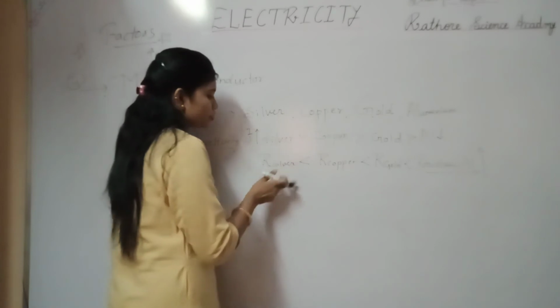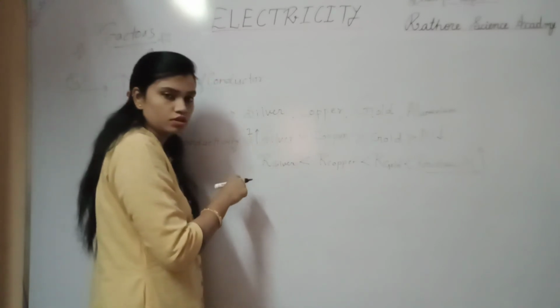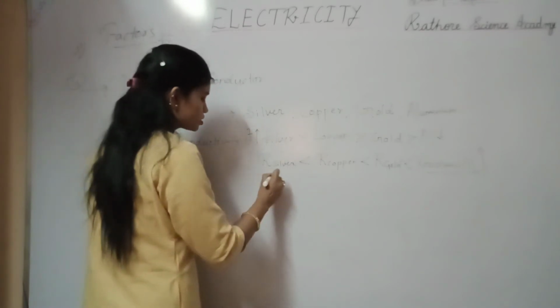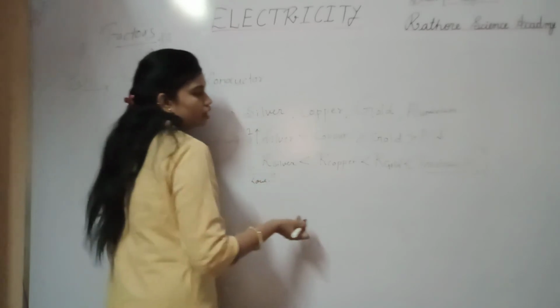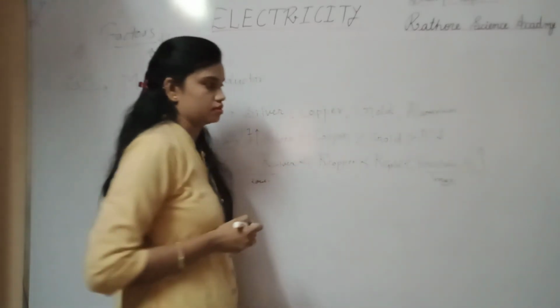And just opposite of it, if current carrying capacity is high, then resistance will be low. So silver has very low resistance and aluminium has maximum resistance. Okay.